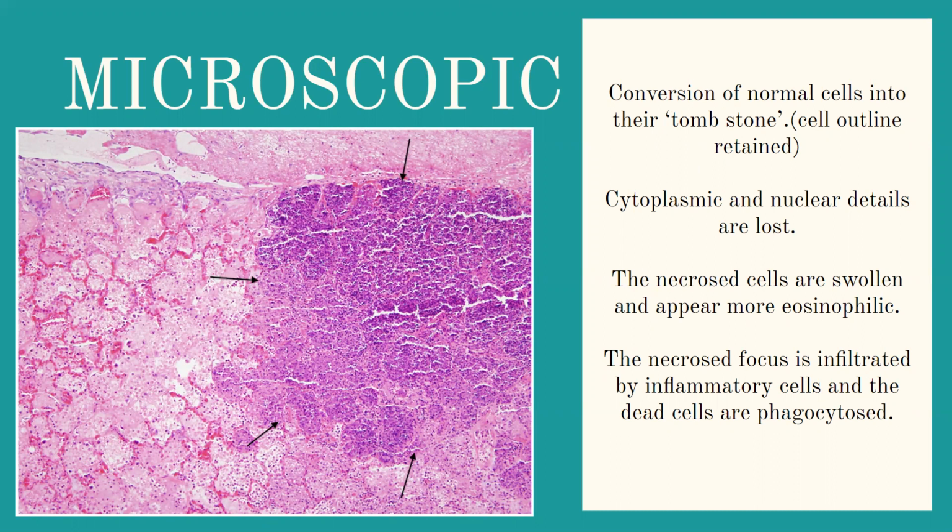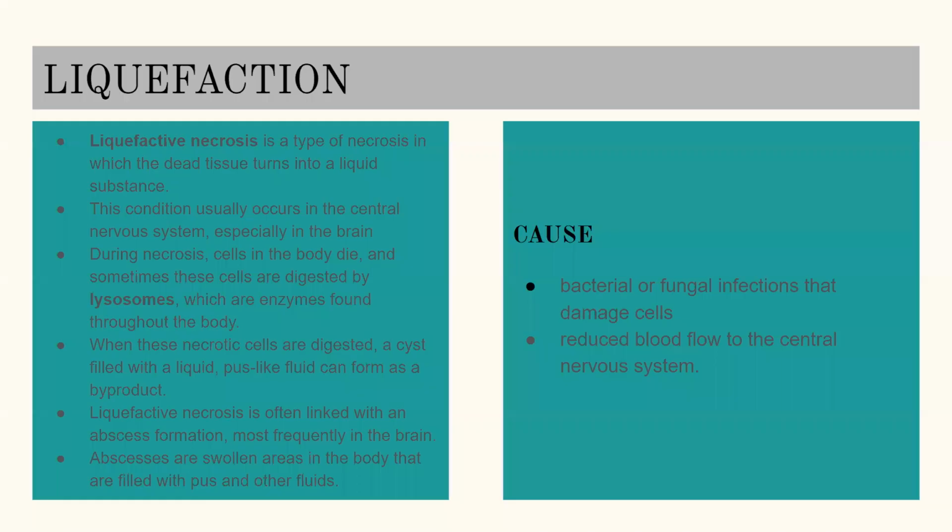Cytoplasmic and nuclear details are also lost. The necrosed cells are swollen and they appear more eosinophilic. The necrosed focus is infiltrated by inflammatory cells, and the dead cells are phagocytosed by macrophages. Cytoplasmic and nuclear details are lost, due to which it appears like a tombstone.